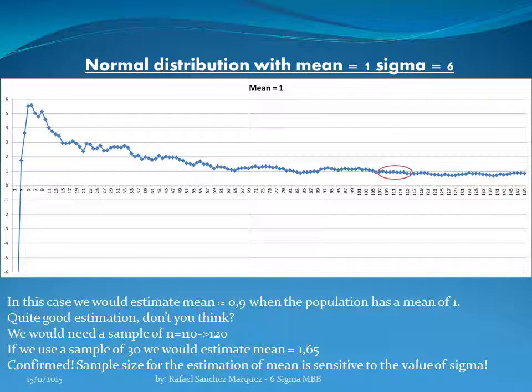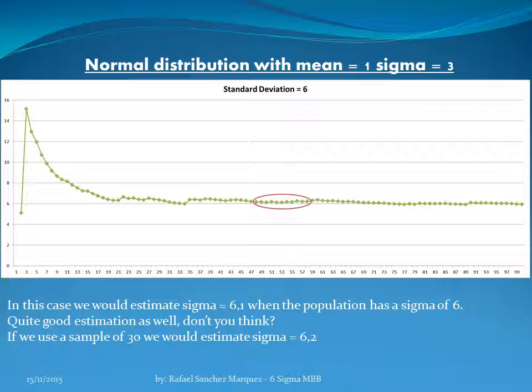And with the example of standard deviation of 6, we would take more samples, and again the estimation improves a lot from the practical rule. A very easy method to estimate any statistical parameter, such as standard deviation.